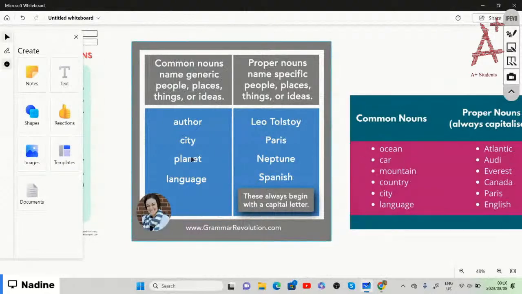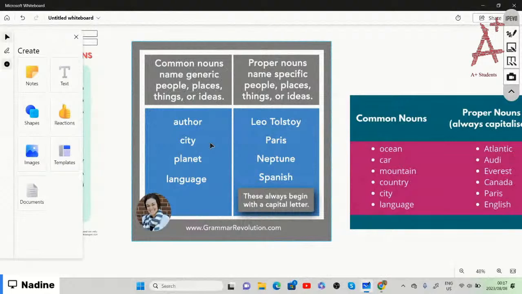Same with planets. If we just make mention of the 8 planets that we have, and then talk about a specific planet, if we mention the name of the planet, for example Neptune, Earth, Jupiter, then that is a proper noun. The same with language.